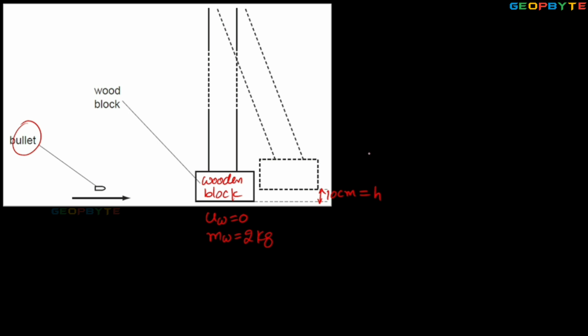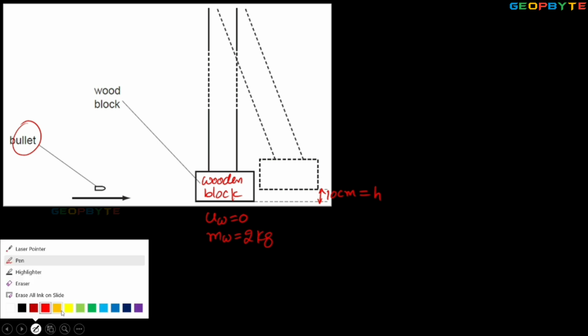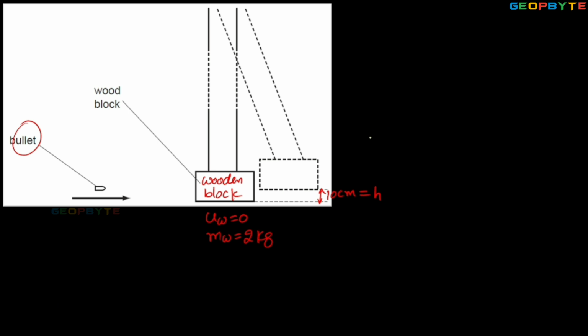Let me write it clearly. Mass of the bullet into initial velocity of the bullet plus mass of the wooden block into initial velocity of the wooden block must be equal to mass of the bullet into final velocity of the bullet plus mass of the wooden block into velocity of the wooden block.